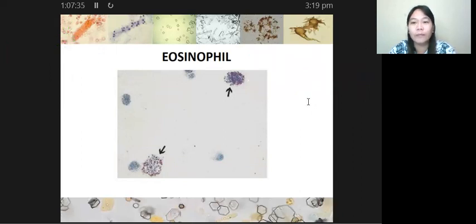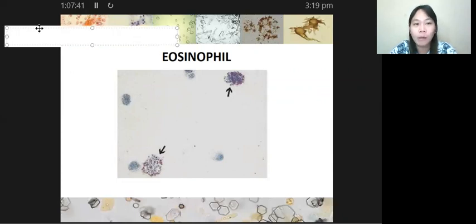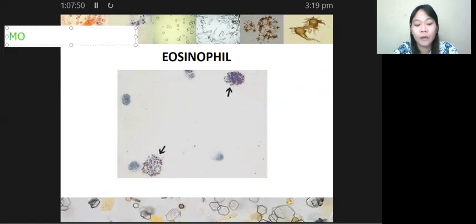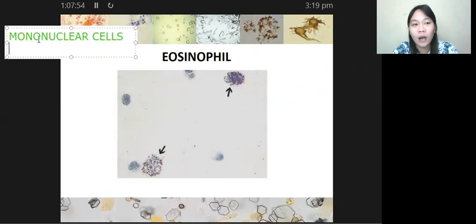Ayan. So before I discuss the normal values in your urine, meron pang isang population of WBCs which you have to also be familiar with. We have your, banggitin ko na ha, mononuclear cells. For our mononuclear cells, several cells are actually classified under this one.